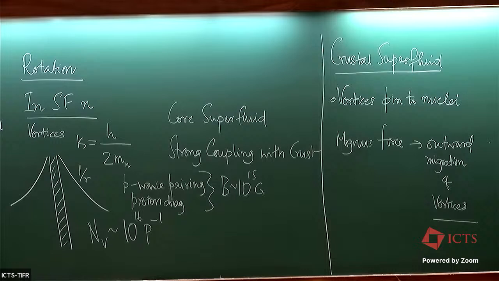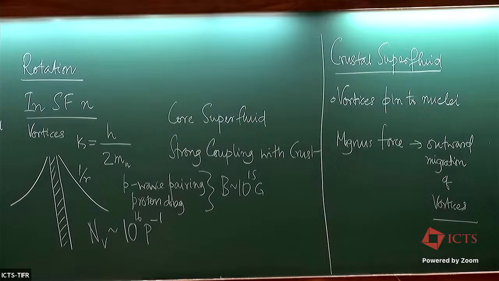But what is happening here is that you have a pinning site. Unless the force builds up to more than the pinning force, the vortices don't move. So the angular velocity difference between the crust and the superfluid keeps building up. Magnus force is proportional to the angular velocity difference.